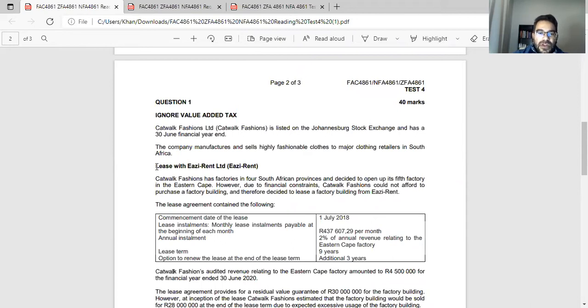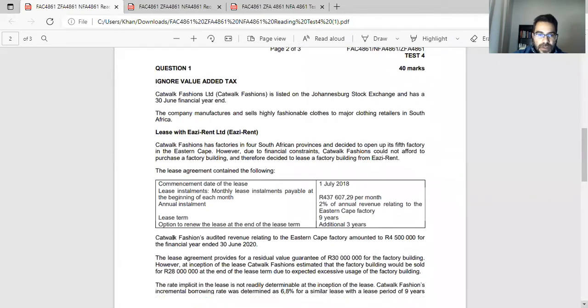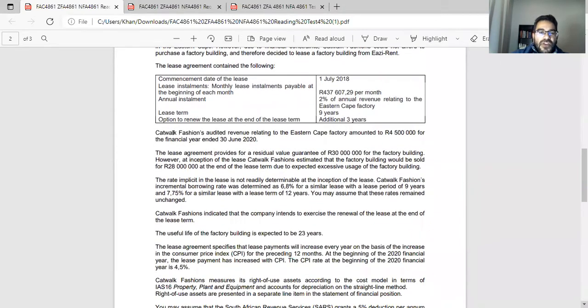The lease agreement contained the following. So we have the commencement date of the lease, 1 July 2018. Remember, what is the commencement date? That is the date when we do initial recognition, okay?